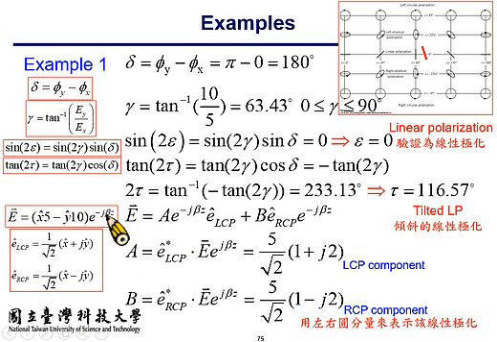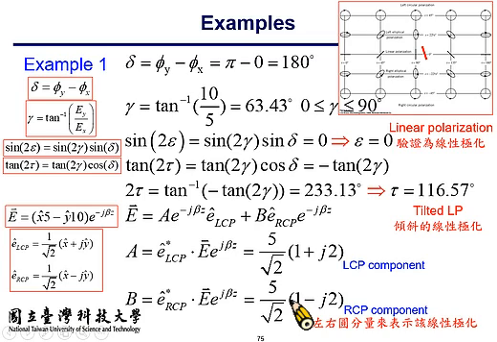Here's the same example. Here we also try to express the E field in terms of a right-hand component and a left-hand component. What we do is multiply the E field with the complex conjugate of the LCP unit vector and the RCP unit vector to get the LCP component and RCP component.